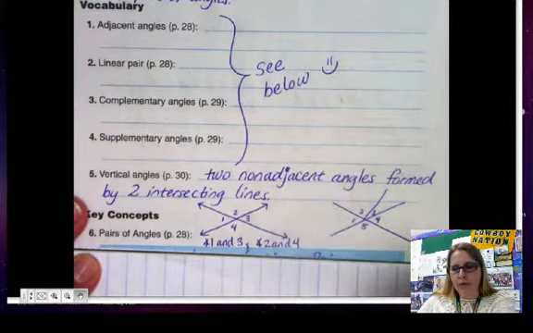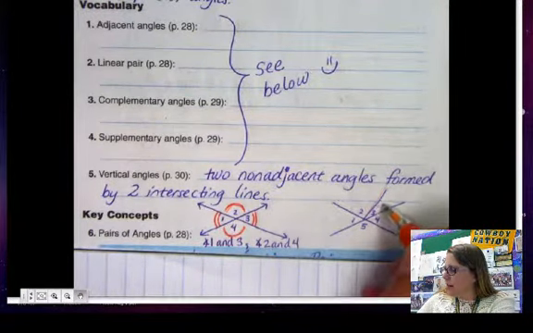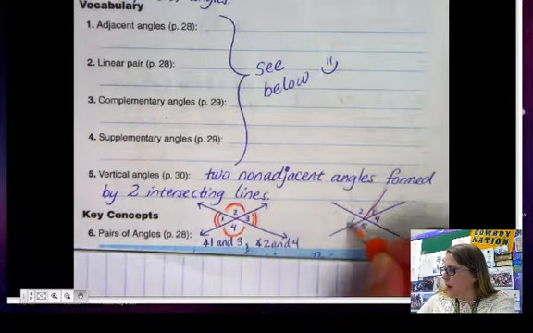Okay? Now, some people get a little mixed up when there's an extra line thrown in here. A lot of students make the mistake and say that 3 and 1 are vertical angles, or they'll say that 2 and 5 are vertical angles. That's actually not true.